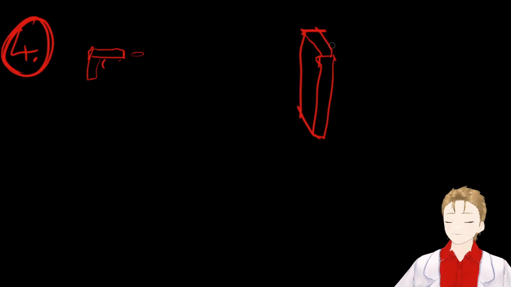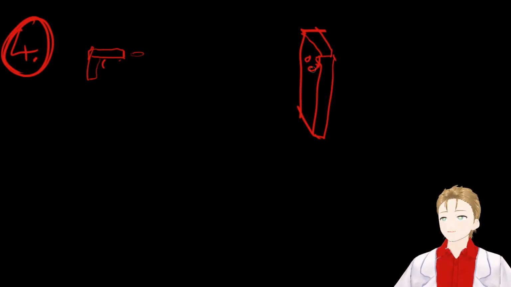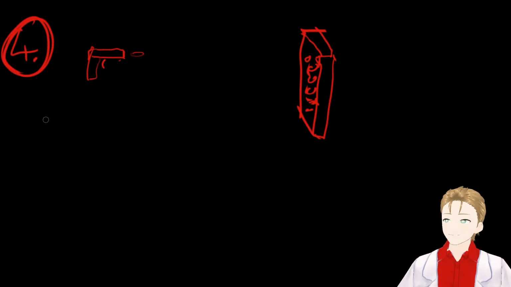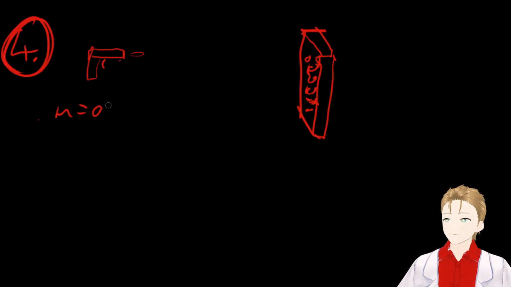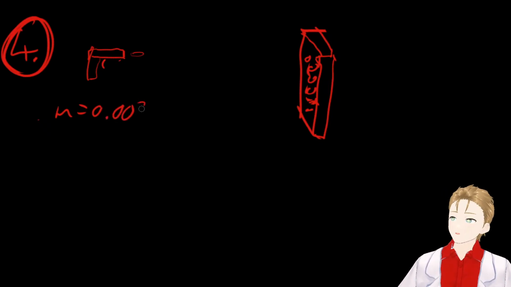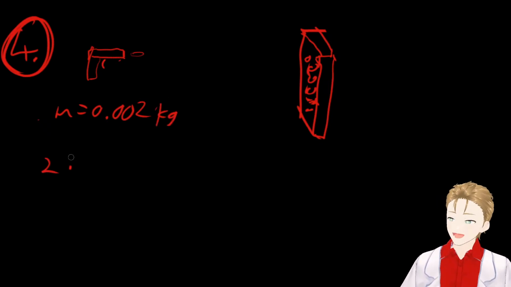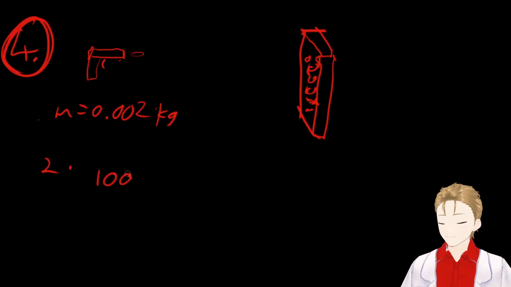Yes, thank you. There's a wall. 1, 2, 3, 4, 5, 6. 10 times, so let's just take the mass as 0.002 kilograms, right? Because it's 2 grams, and kilogram is 1,000 grams.